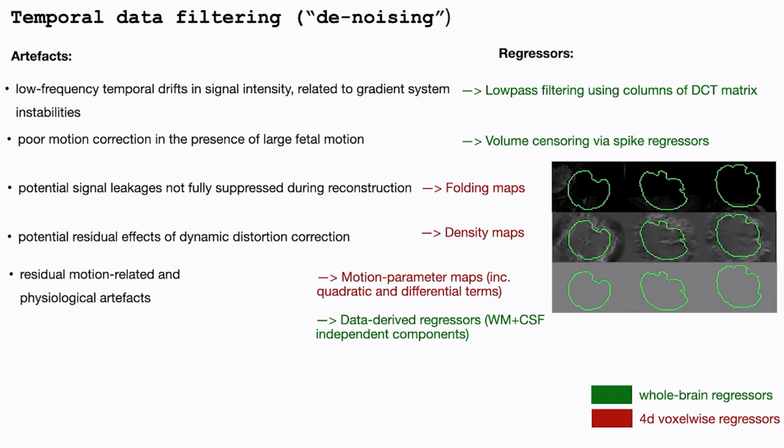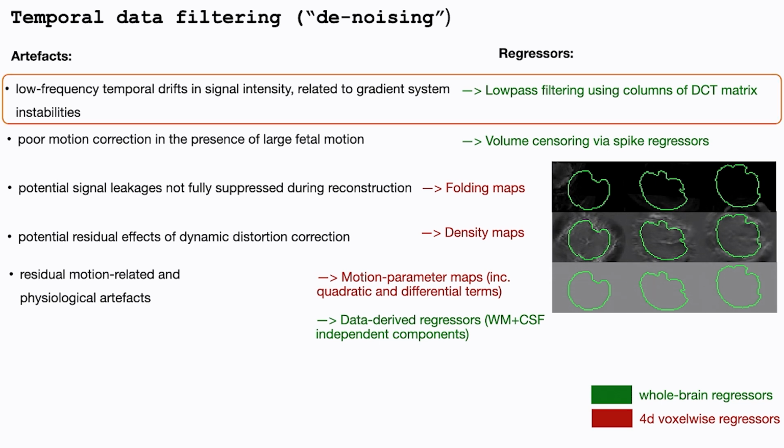But even after spatial correction, you are left with a significant amount of artifact in the temporal domain. So we implemented a regression-based model whose regressors address the dominant sources of artifacts in this data.